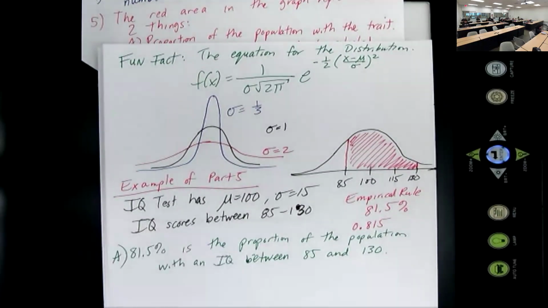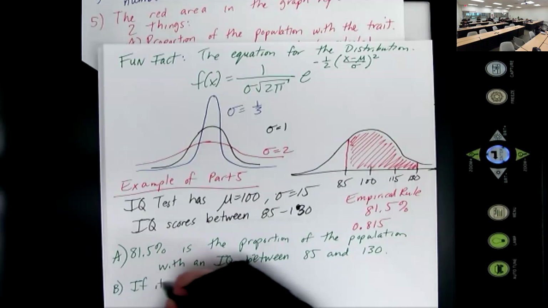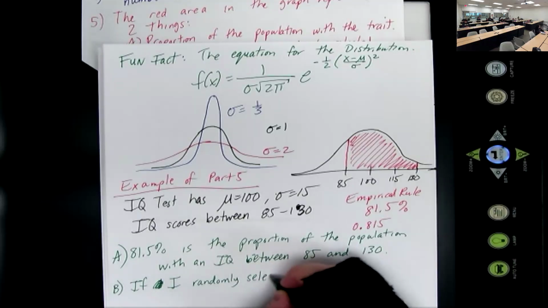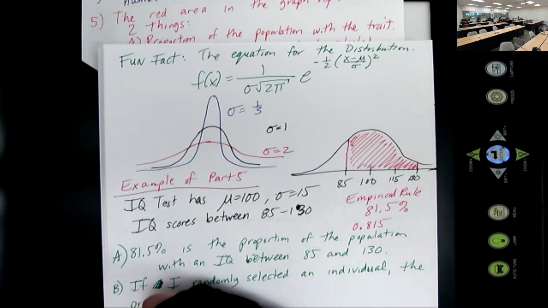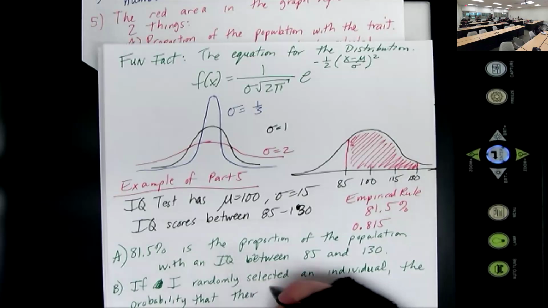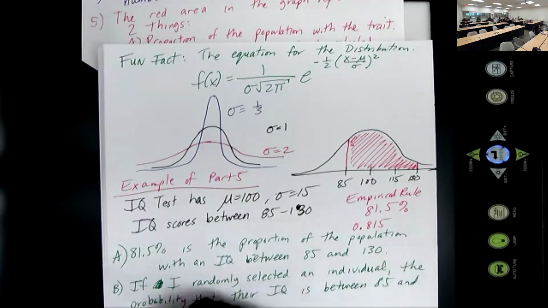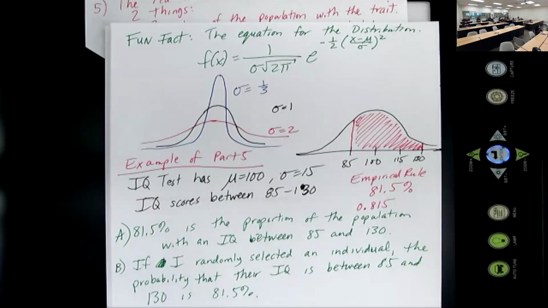That's option A. B. If I randomly selected an individual, the probability that their IQ is between 85 and 130 is 81.5%. That's a little clearer.